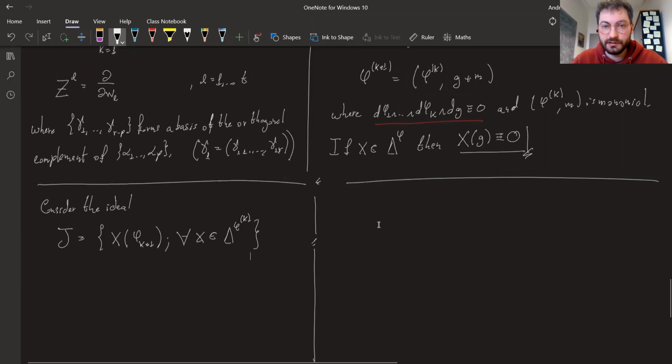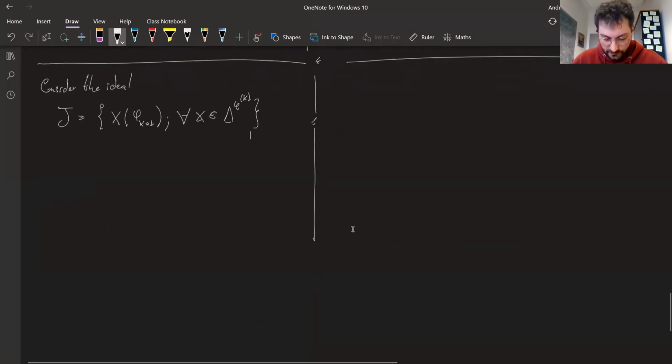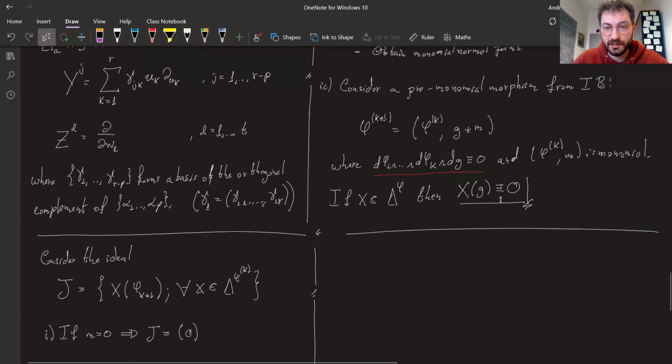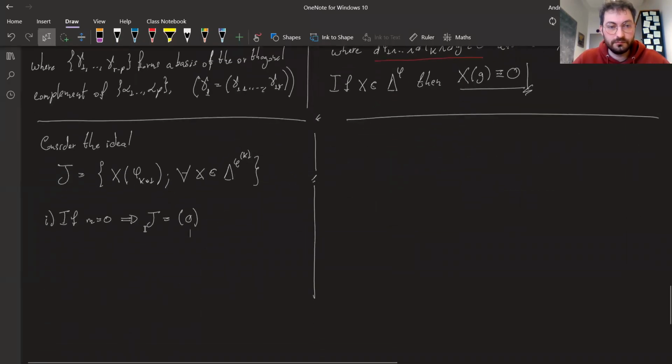And let us compute it in the case of a pre-monomial morphism. There are basically three cases. If m is equal to 0, then there is nothing to do. J has to be equal to 0, because every derivation that we take here is going to make g equal to 0, and m is 0, so the ideal is 0.